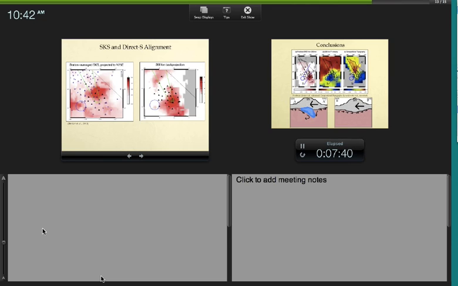Okay. And so we wanted to compare this to absolute plate motion, and we wanted to look at the two data sets. And so this SKS with absolute plate motion is shown right here. And the more red you get, the more splitting is occurring. And this is a graph of direct S at 200 kilometers, so we're looking at the anisotropy at this depth.